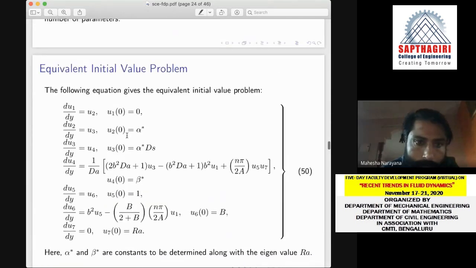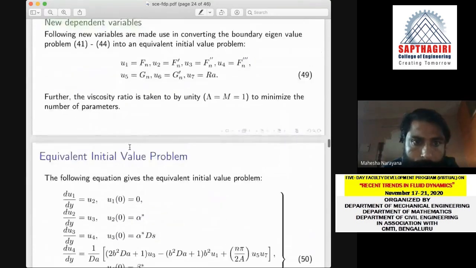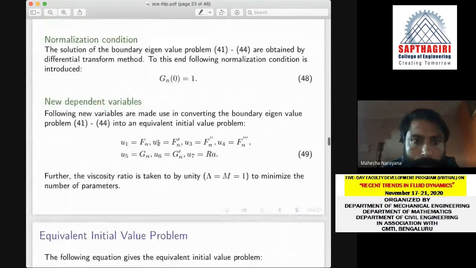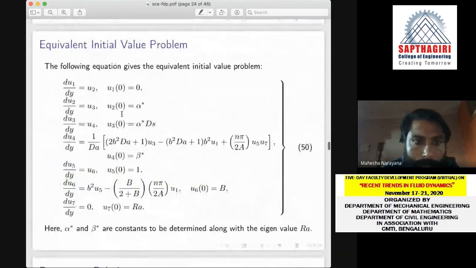And the corresponding boundary conditions are being converted by using what are called missing initial conditions. So u20 is not prescribed, so I'm assuming it as alpha star, and similarly u40 is also being assumed as beta star.